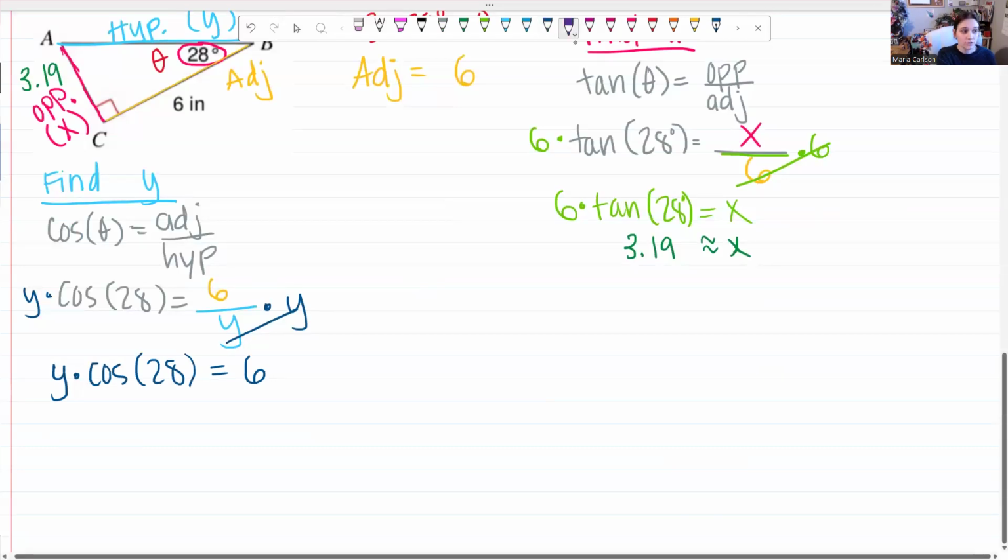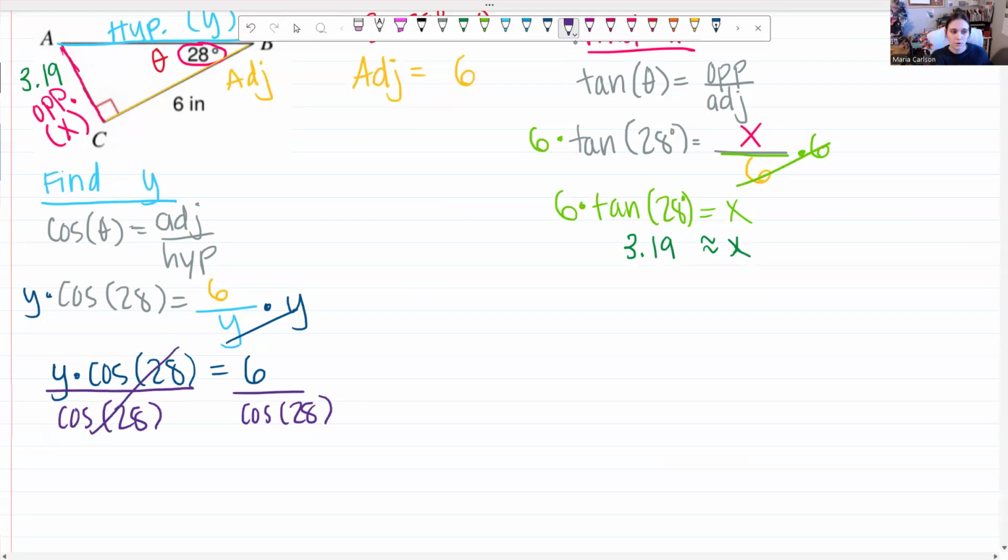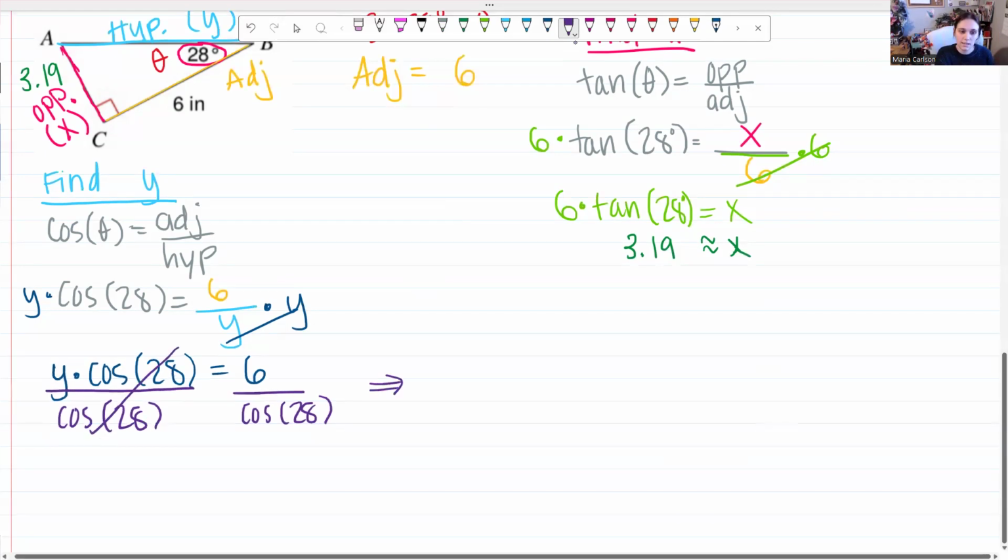And from here, to get y completely by itself, I just need to undo that multiplication by dividing both sides by the cosine of 28. So the cosine of 28 will cancel, and this tells me that y is equal to 6 divided by the cosine of 28.